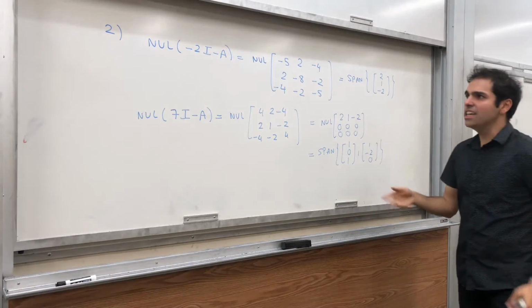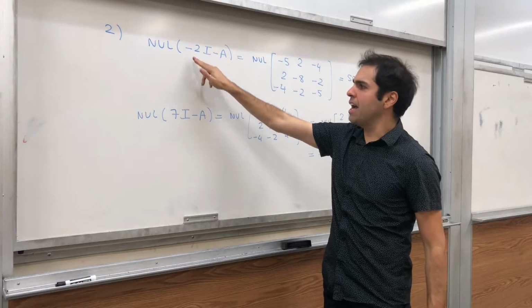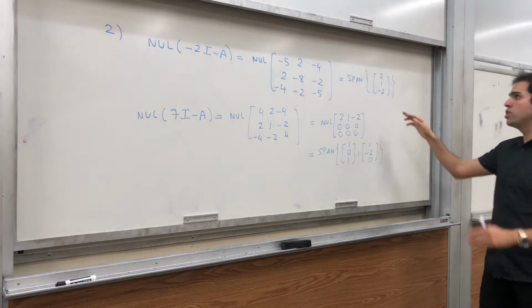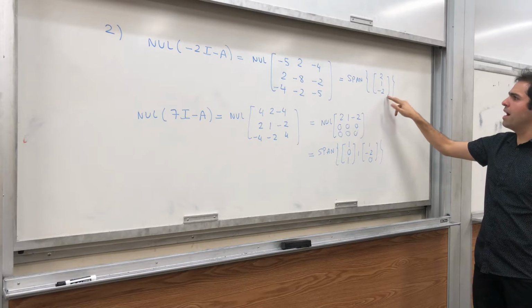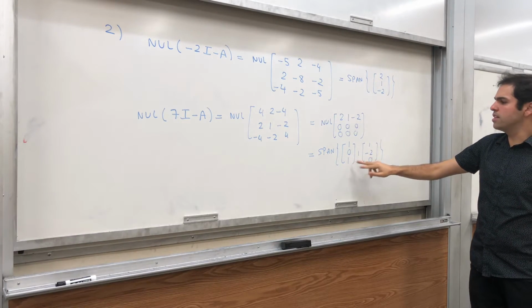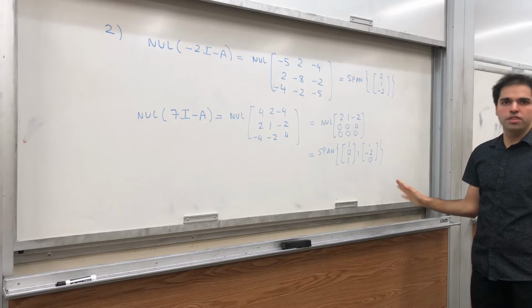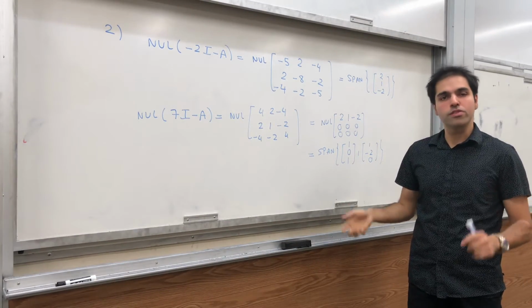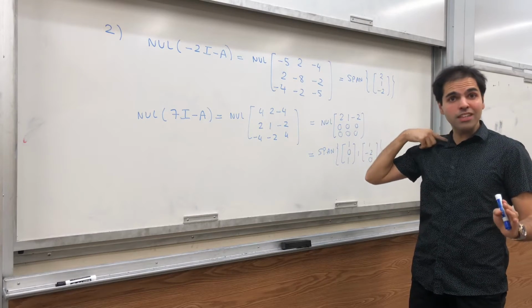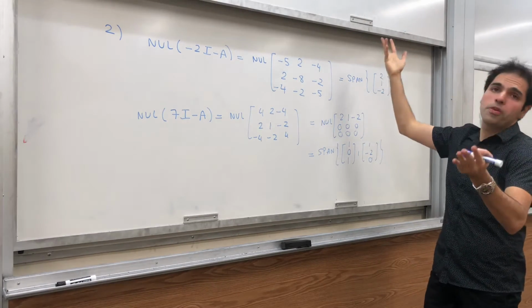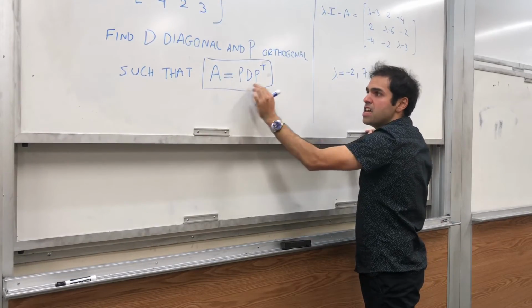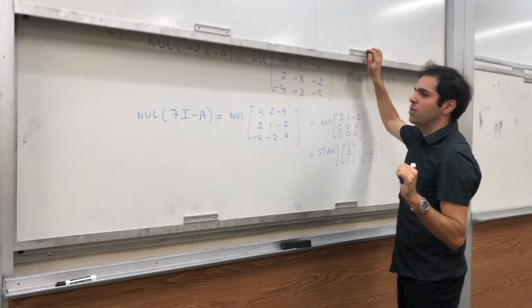So D would be the matrix with minus 2, 7, 7, and P usually the matrix with columns (2, 1, minus 2), (1, 0, 1), and (1, minus 2, 0). And then you would get A is PDP inverse. But what we would like to do now is super diagonalize a matrix. So we would like to find A equals PDP transpose.